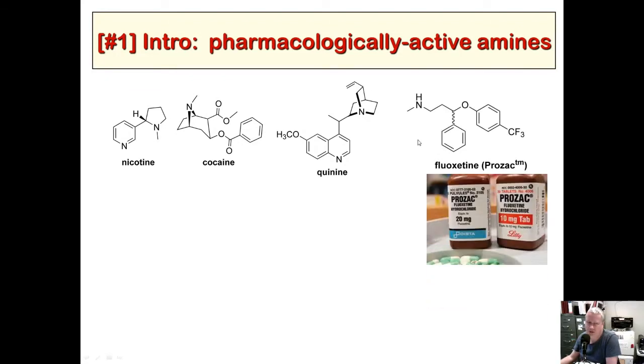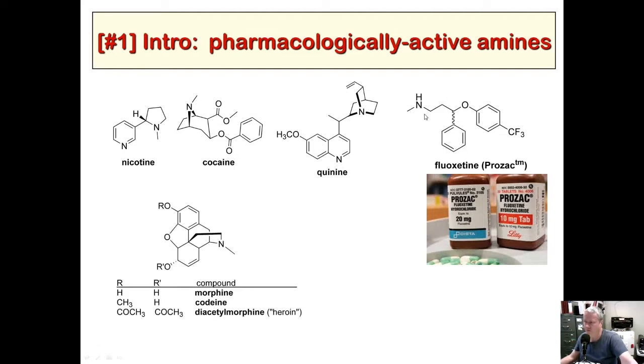Antidepressants pretty much all have nitrogens in them. Fluoxetine, which is Prozac, is a selective serotonin reuptake inhibitor, has a couple benzenes, and it has a secondary amine right here. I think all of the opioid analgesics have nitrogen in them.